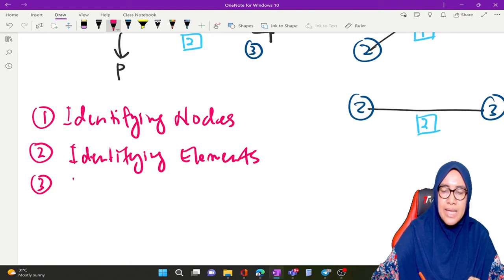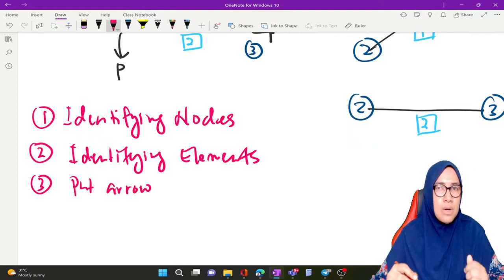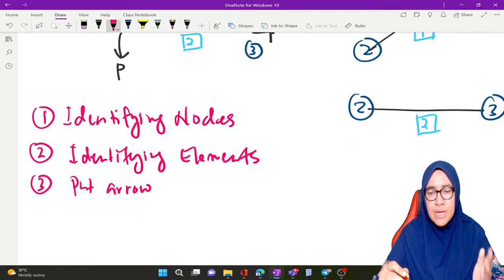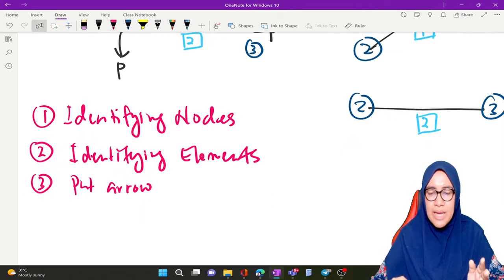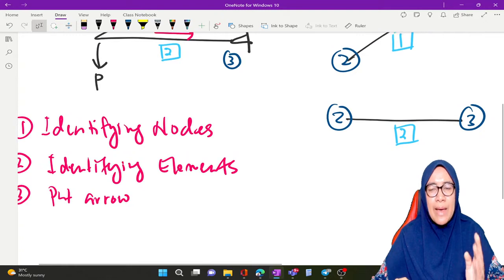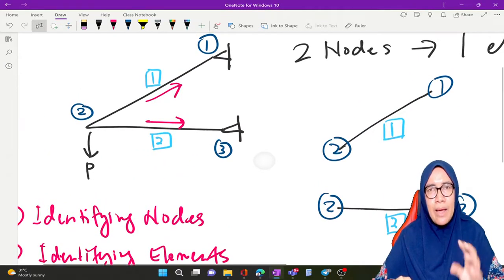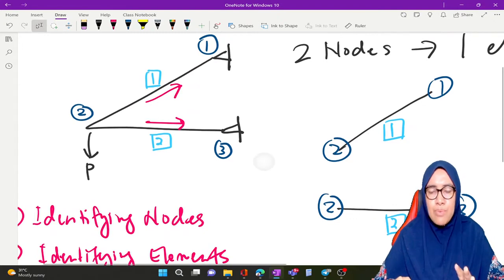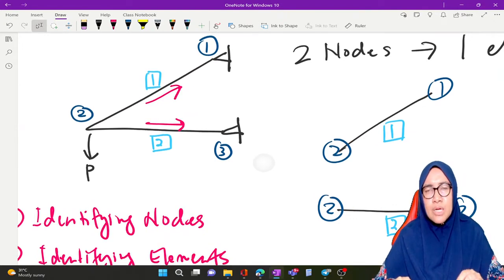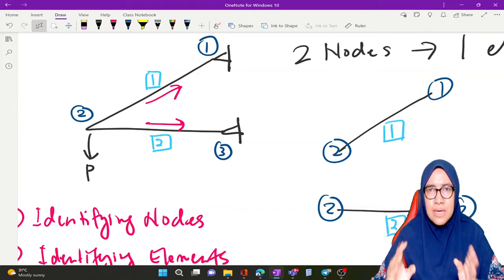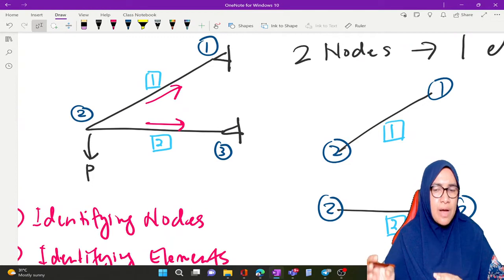It is an arrow. Put an arrow in each element, and it must be parallel like this. Why do we need to put an arrow? It is very important. If you don't put an arrow, you cannot identify which node is the near node and which node is the far node.